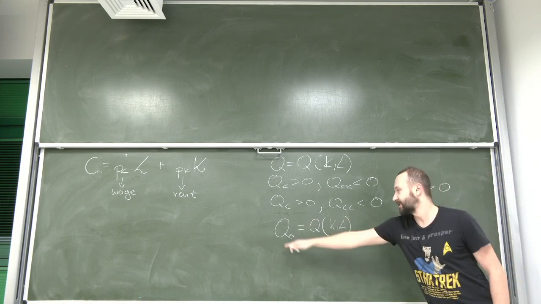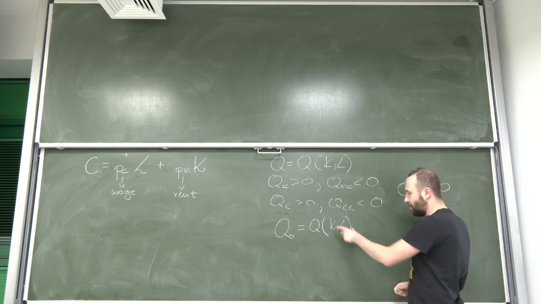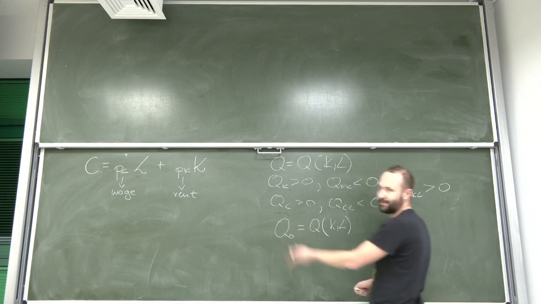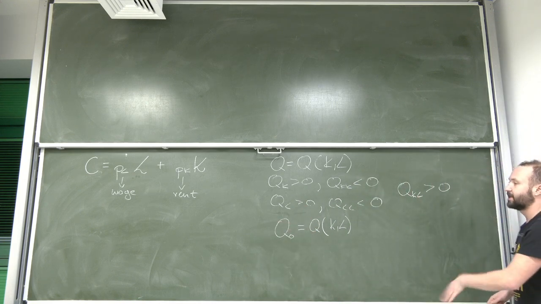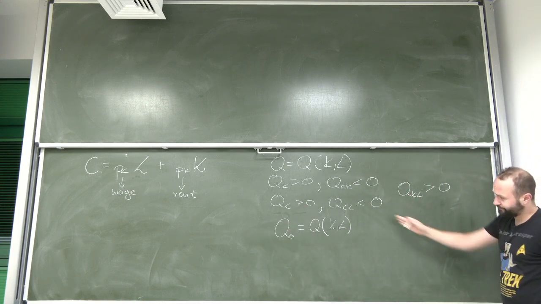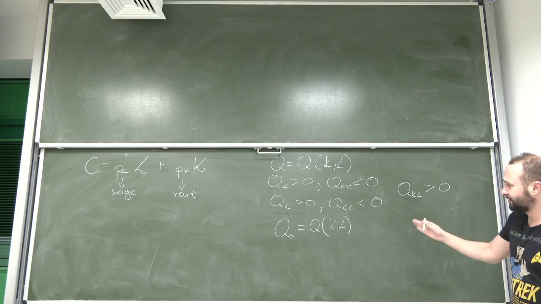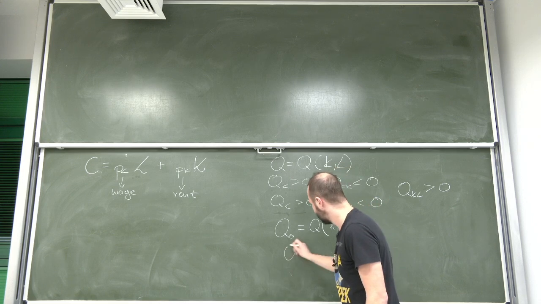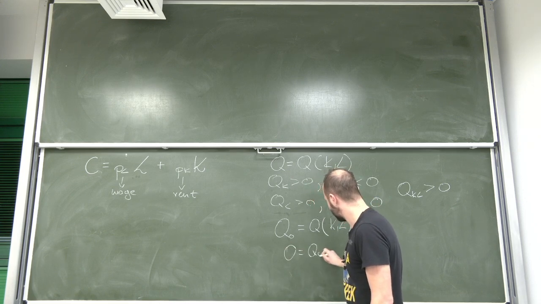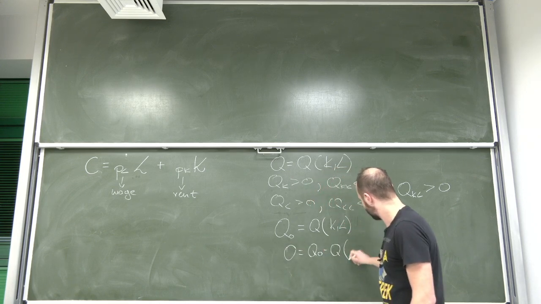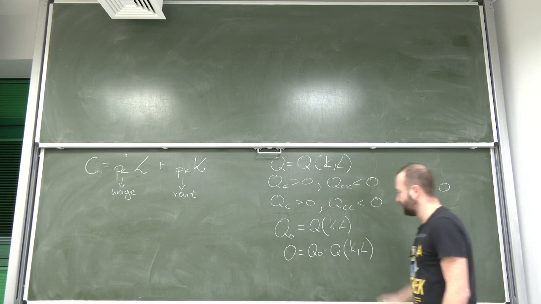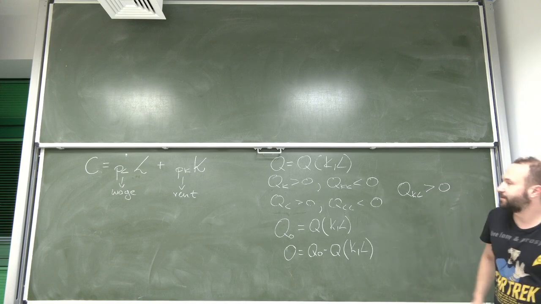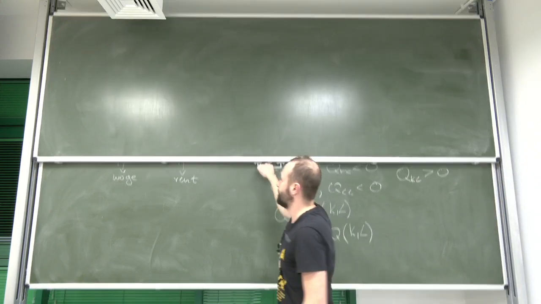If this is our constraint, which says that only combinations of capital and labor that give you this exact amount of production are allowed, then if this restriction is fulfilled, we can say that 0 needs to be equal to Q0 minus Q(K, L). And we're going to use this 0 when we build the Lagrange function.